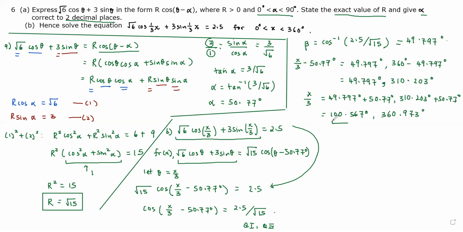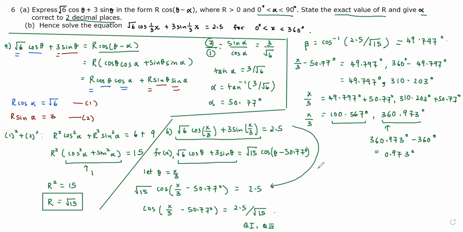Now this angle is fine. It is within the range from 0 to 360, but when we multiply by 3, that is going to exceed 360 degrees. So we have to bring it down, go back one revolution. For the second angle, 360.973 degrees, subtract 360 degrees.